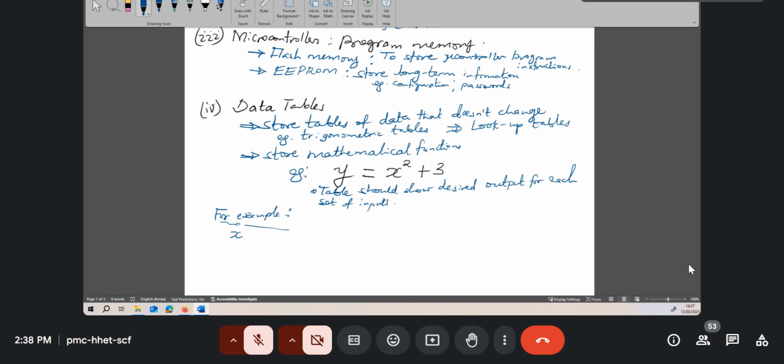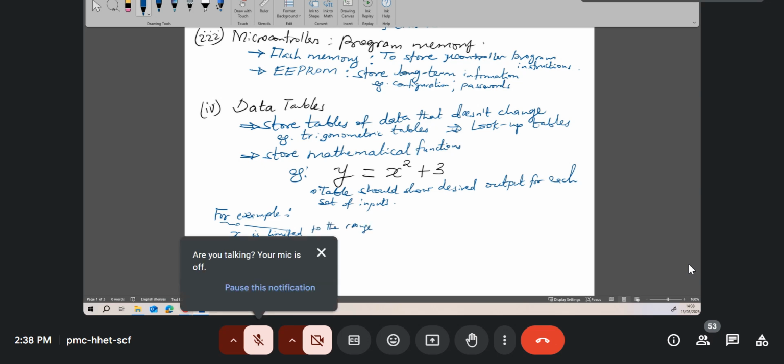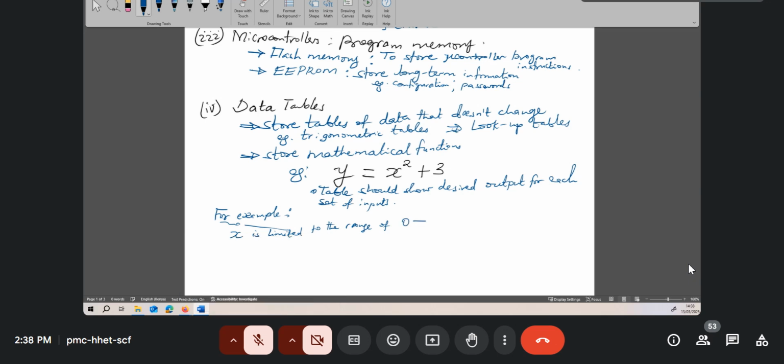So if x is limited to the range of 0 to 3, we want to store the value of y for the case where x is 0, x is 1, x is 2, x is 3, just for illustration purposes.